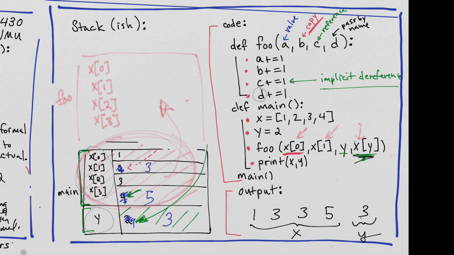Because if I pass by reference, all I am passing in that case is a reference to the object. So if I pass an array by reference, then let's say I have a foo that takes an array called Ari, then in order to get a reference to the array, I just need to pass the address of x, and it doesn't matter how big x is to be able to pass the address.